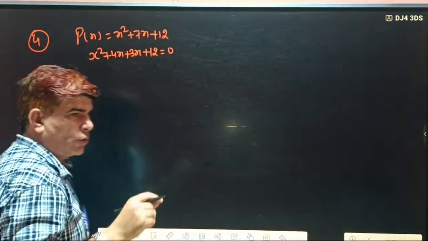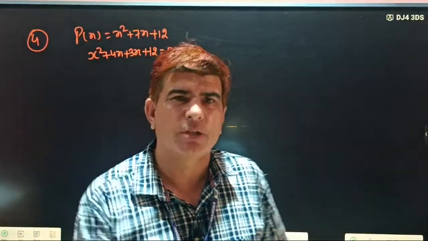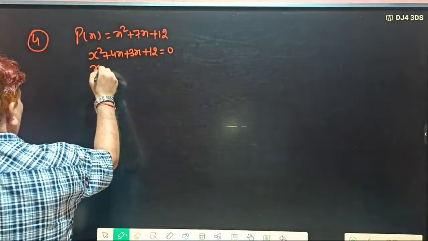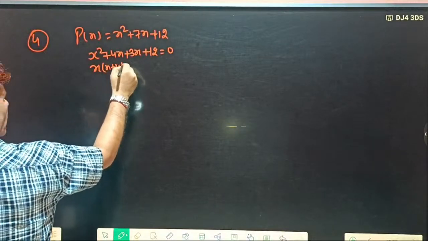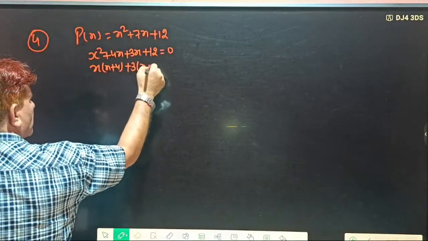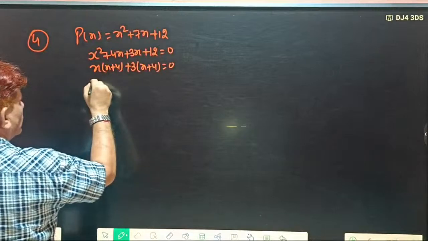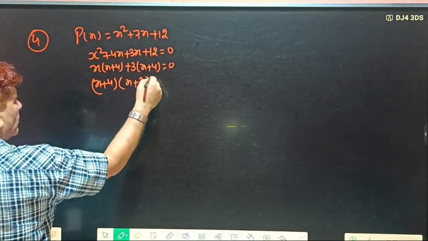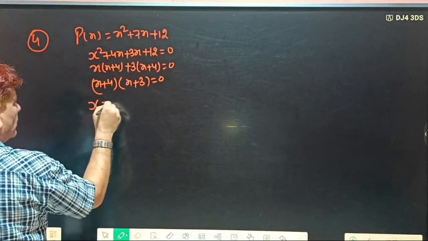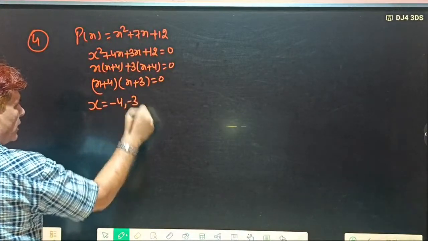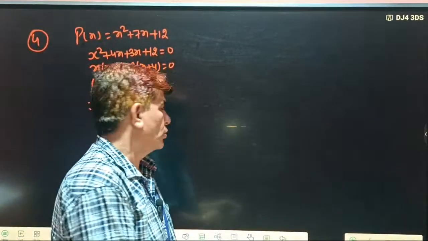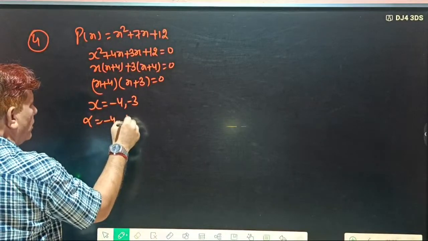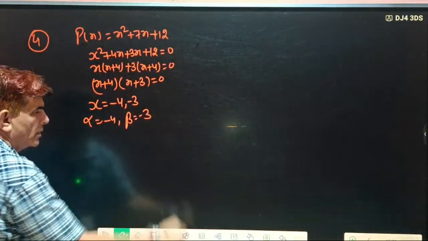When the polynomial is equal to 0, it becomes an equation. So taking x common, x into x plus 4 plus 3 into x plus 4 equal to 0. So x plus 4 and x plus 3 equal to 0. So what's the value of x? Minus 4, minus 3. So alpha equals minus 4 and beta equals minus 3.